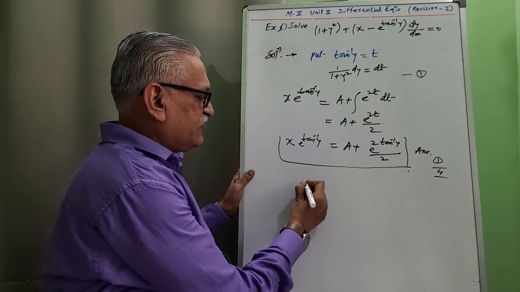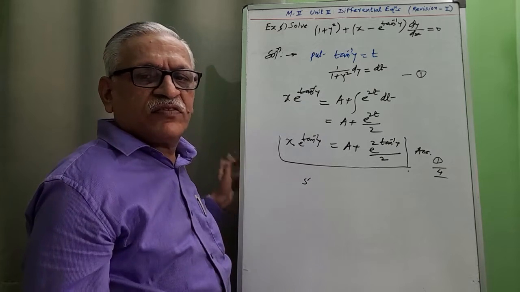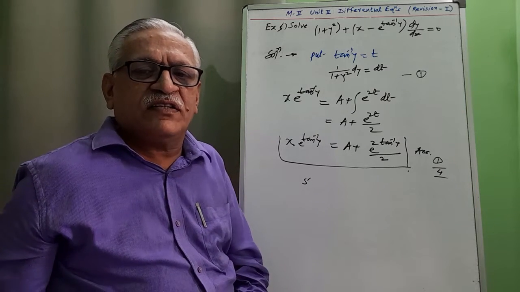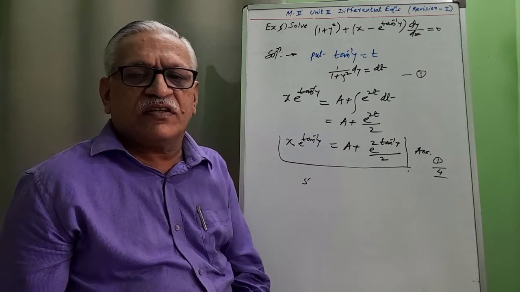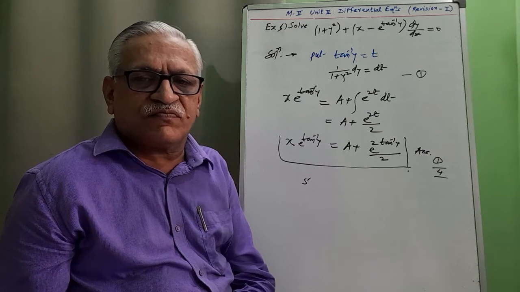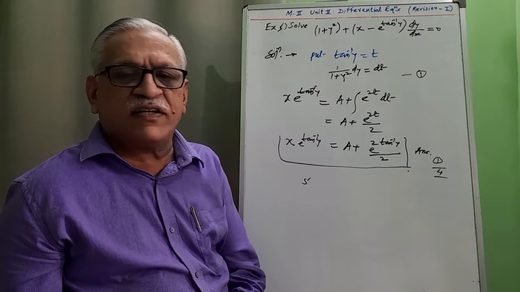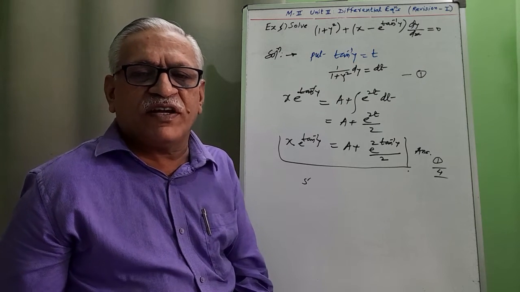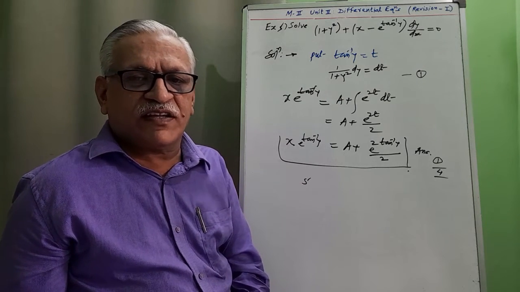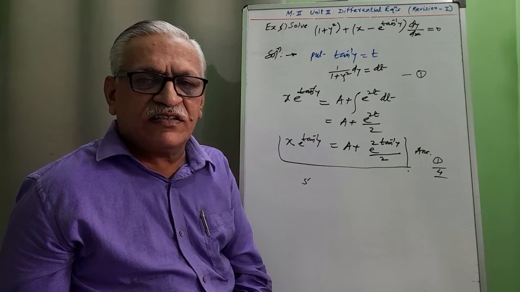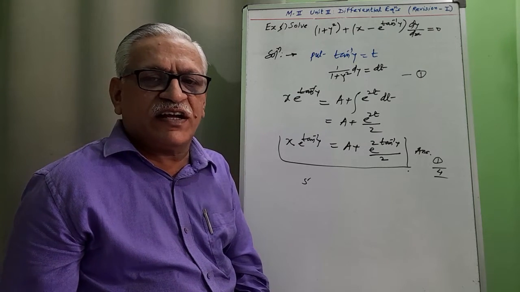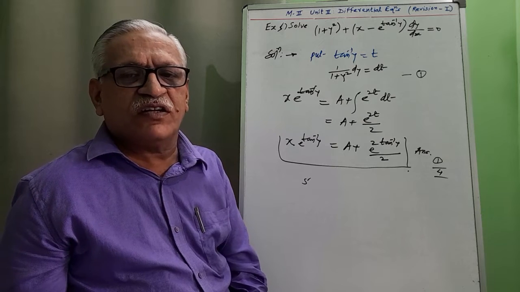In this video, I have discussed 5 different examples from the second unit, differential equations. The most important step is to identify the type of the differential equation, because nowhere is its type mentioned, whether it is exact, whether it is linear in y or linear in x, or whether it is reducible to linear.